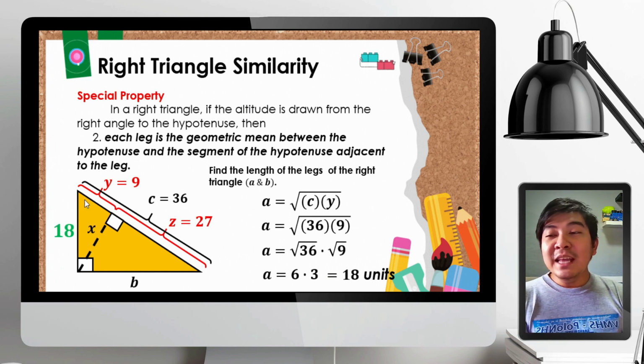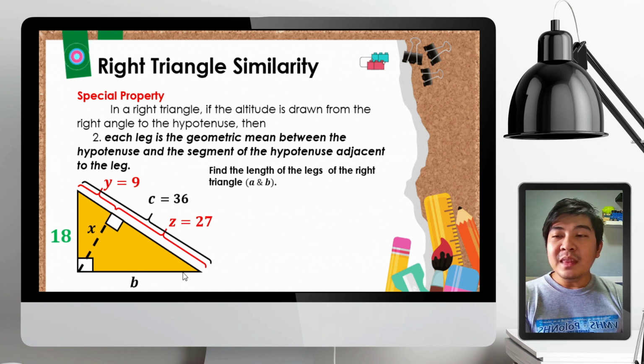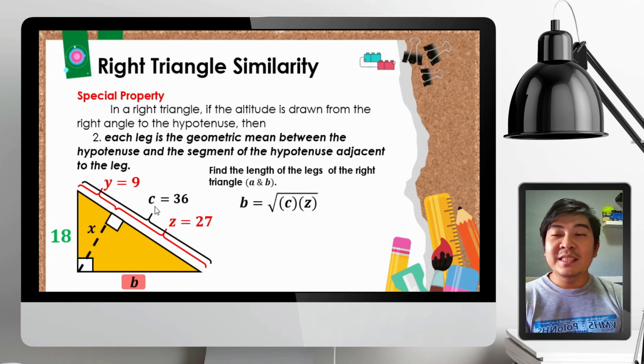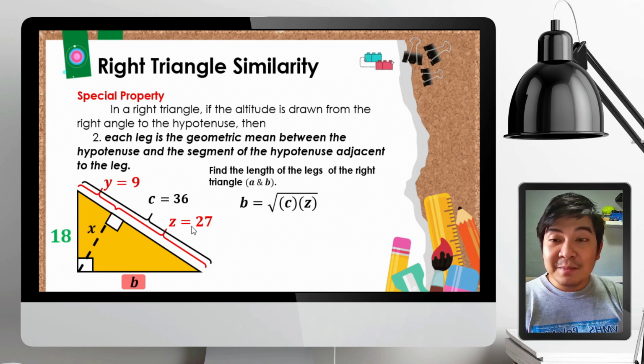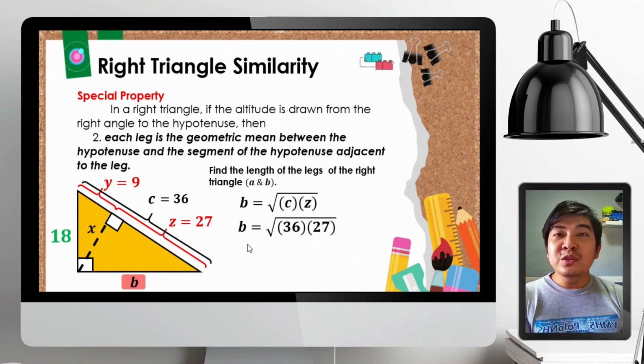Next, after getting the value of A or leg A, let us now proceed to the other leg, which is B. Paano naman kuhain si B? So B is just equal to the square root of the hypotenuse, which is C, times the segment na mas malapit kay B, yung hinahanap natin, which is Z. So upon substitution, that will just be B is equal to the square root of 36 times 27.